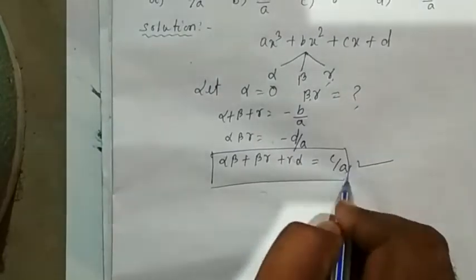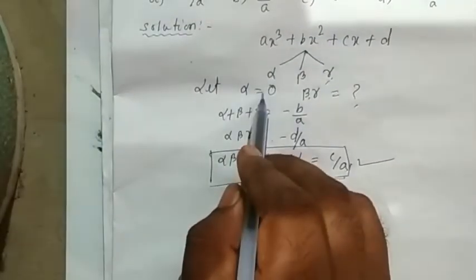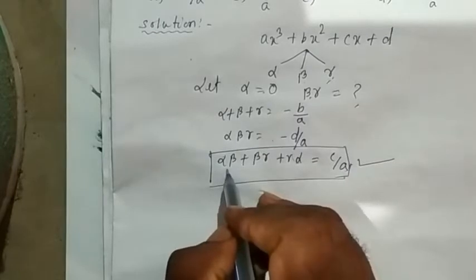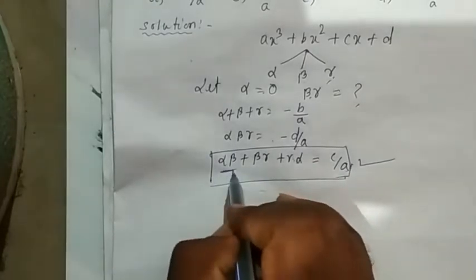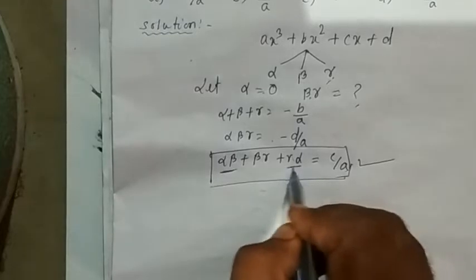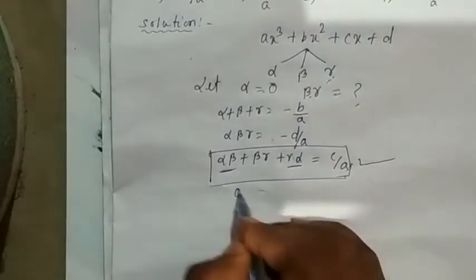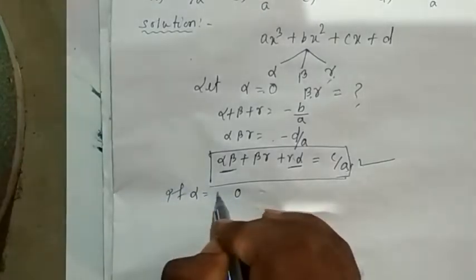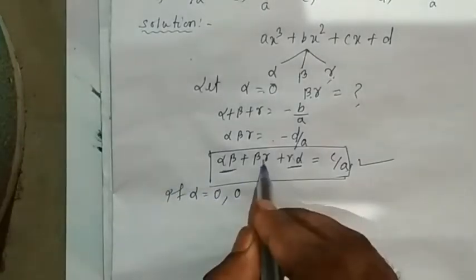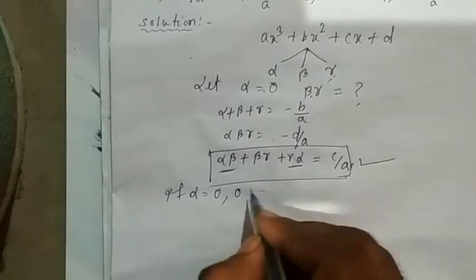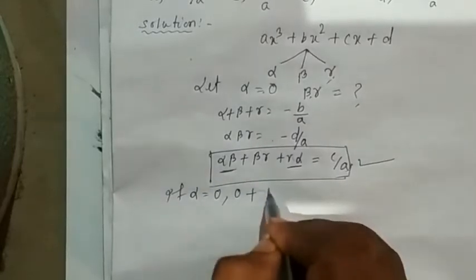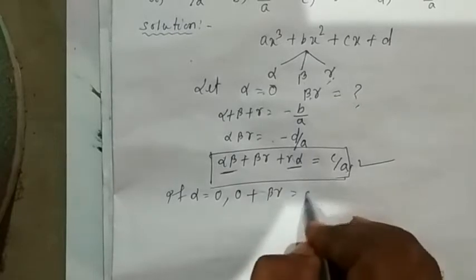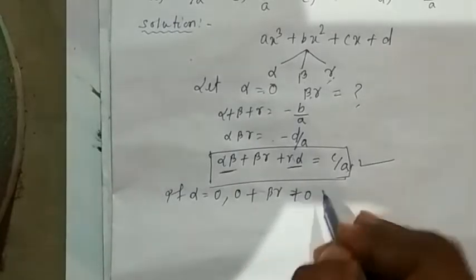Suppose I apply this relation. Here alpha is given as 0. If I substitute here, this part will become 0, this part also will become 0. That means if I substitute alpha is equal to 0 in the third condition, then 0 plus beta into gamma plus 0 is equal to c by a.